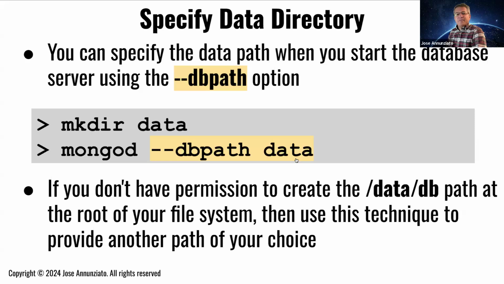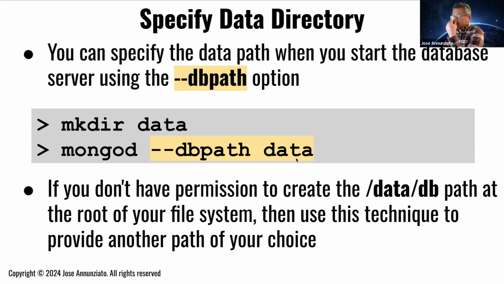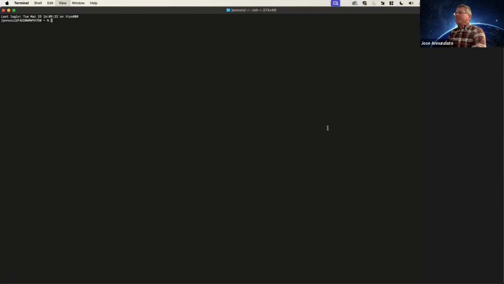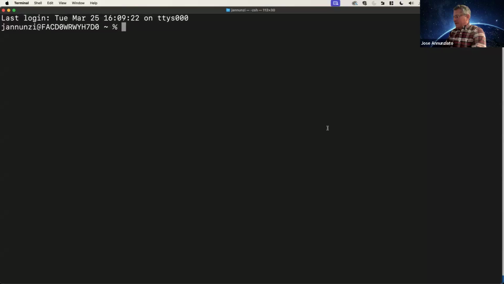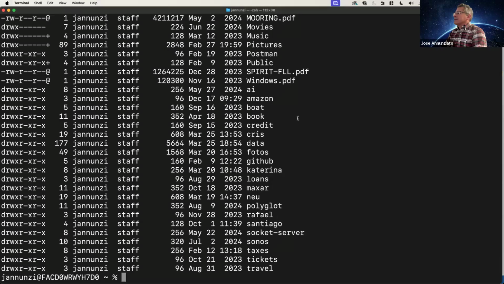Let me demo that real quick. So if we go to terminal, I am at my local home directory, and I have a data directory that I created a long time ago.